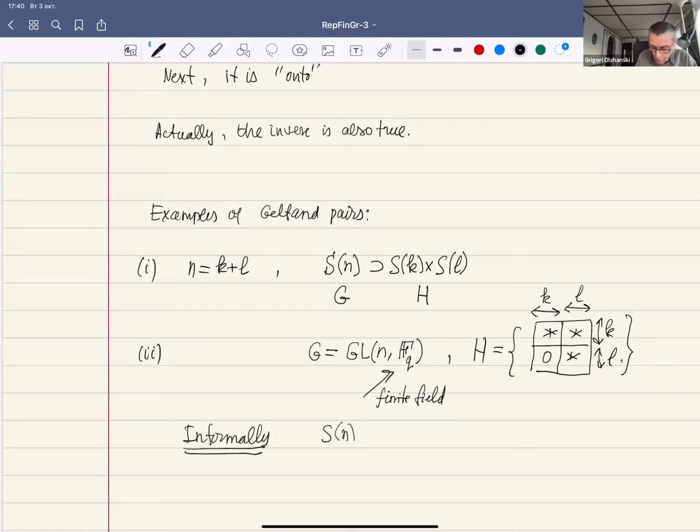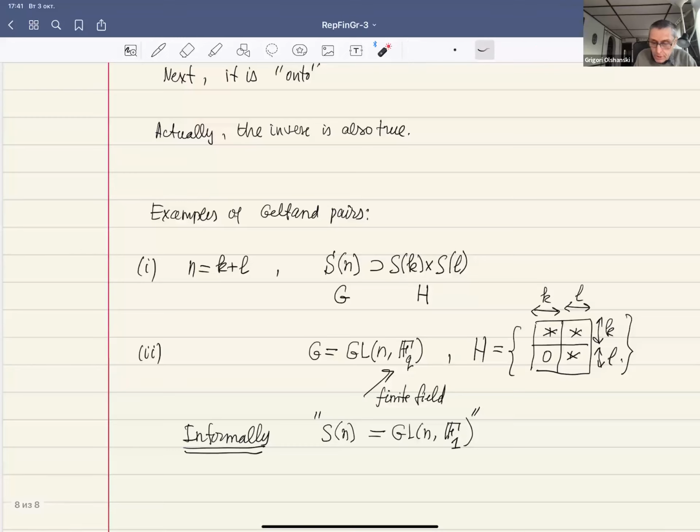The symmetric group can be written as GL_N over the field with one element, which does not exist. But actually, there is some parallelism between representation theory of GL_N over finite fields and the symmetric group, which is manifested in many results.